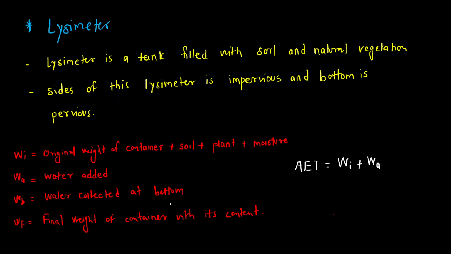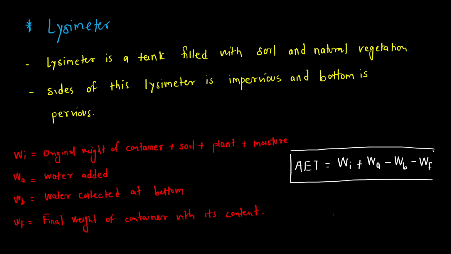Now certain water is collected at the bottom, so we subtract Wb. And we also subtract the weight of the container with its content, that is the final weight Wf. If you do this calculation, you get the water which is lost during evaporation and transpiration combined, and that loss we call actual evapotranspiration. So this is the use of lysimeter.